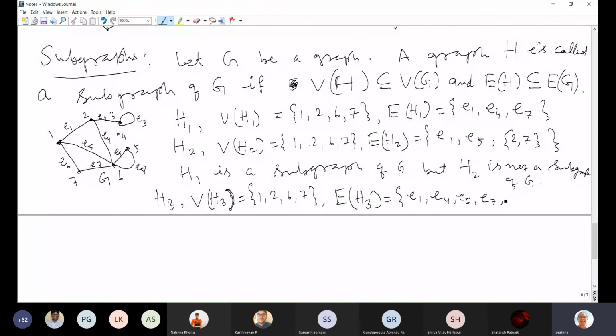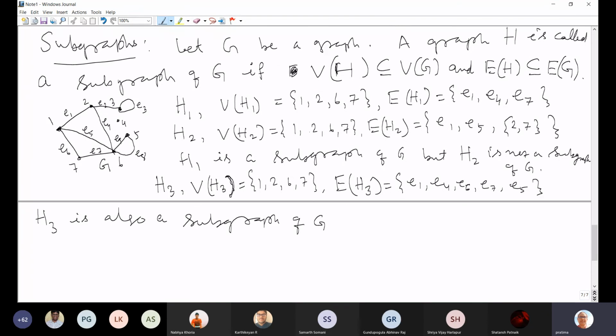I have taken all these edges. Obviously H3 is also a subgraph, since all the vertices and edges are in the graph G. But there is a difference between the subgraph H1 and the subgraph H3. H3 will be called an induced subgraph of G, and H1 is not an induced subgraph of G.